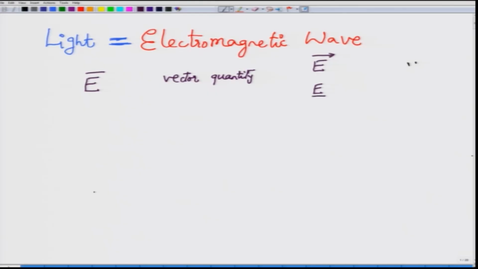These are all equivalent representations, and vectors are of course very different from scalars in the sense that vectors have direction. This electric field vector or electric field intensity can be different at various points.